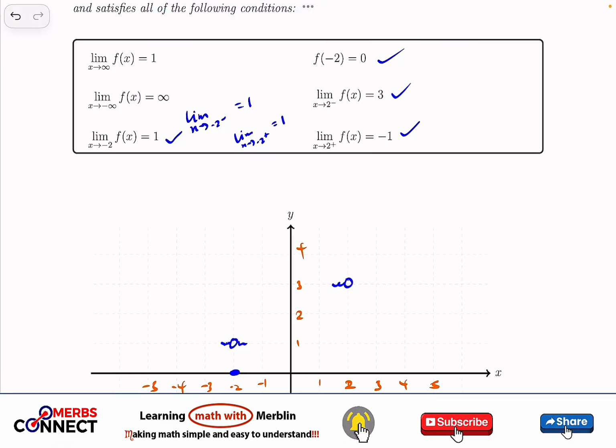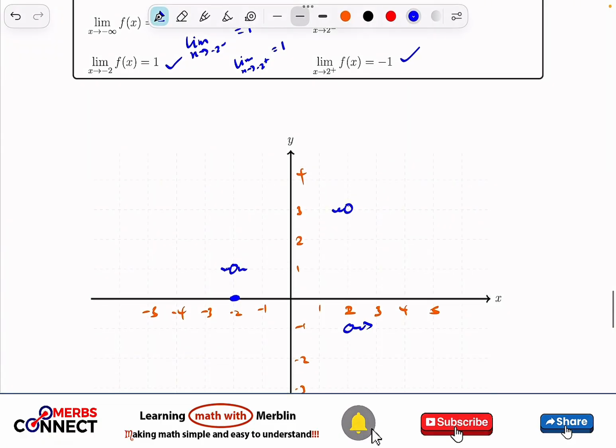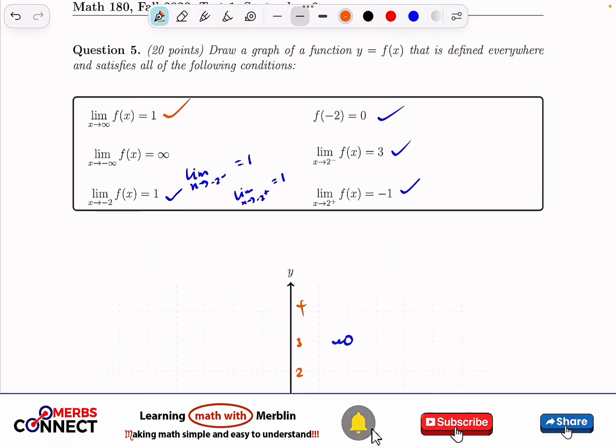Now x is approaching infinity. Now, x approaching infinity equal to 1 is a horizontal asymptote, right? So that's basically what we are doing here. So I'm going to have something like a horizontal asymptote somewhere here. Just change the color here. So I'm going to have something like this. Good, I'm done with this one too.